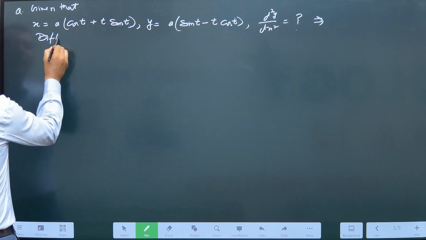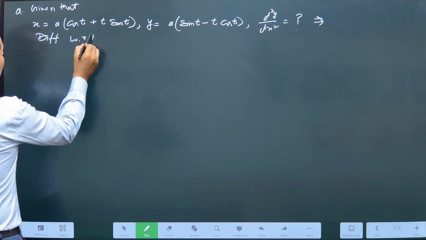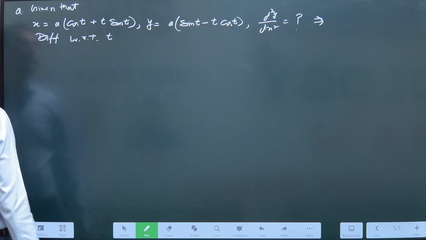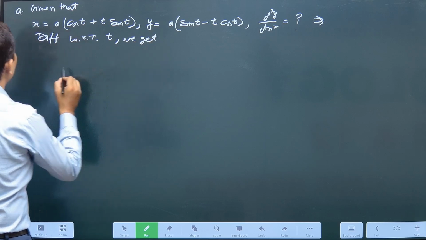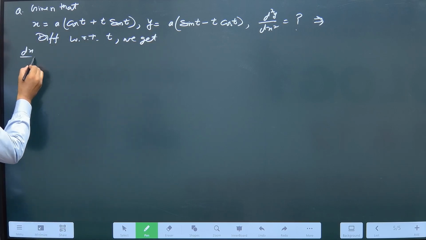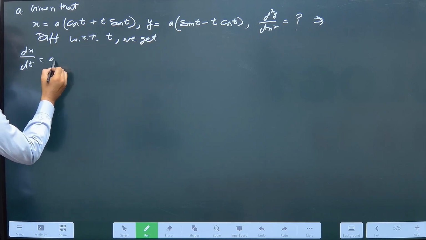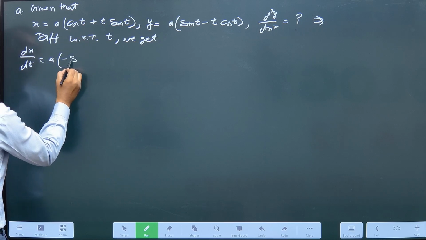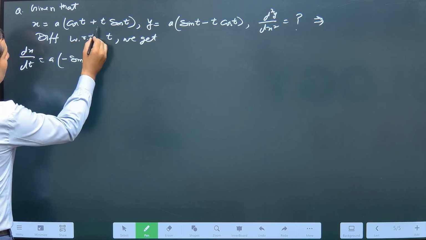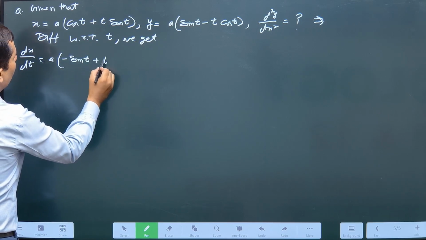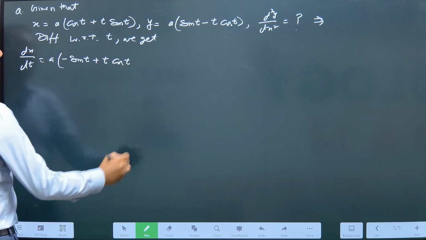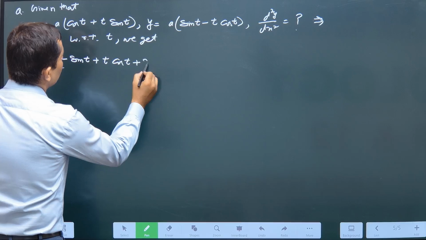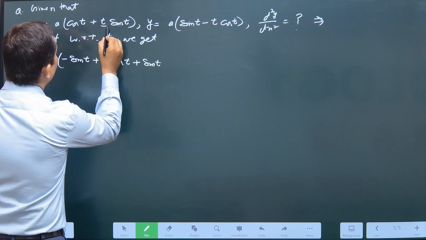In both cases, differentiation with respect to t. We get, so your dx upon dt, a derivative of cos t minus sin t plus t derivative of sin t cos t plus sin t derivative of t, 1.